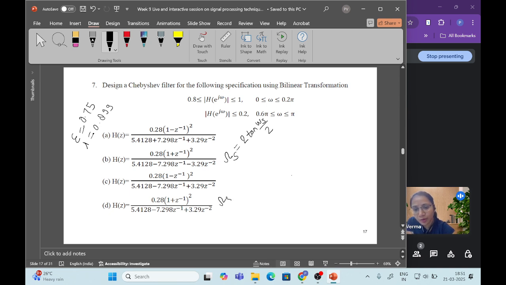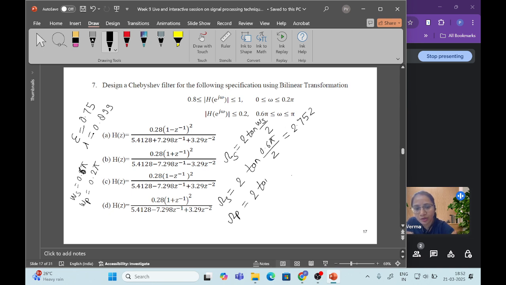We know that omega s is 0.6 pi, and omega p is 0.2 pi. So 0.6 pi divided by 2, if you further solve it, you will get 2.752.